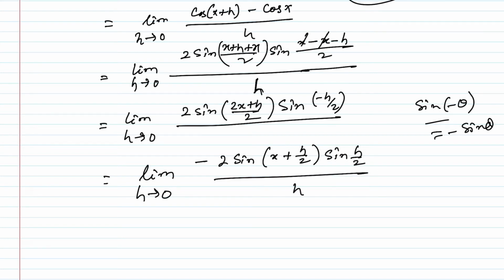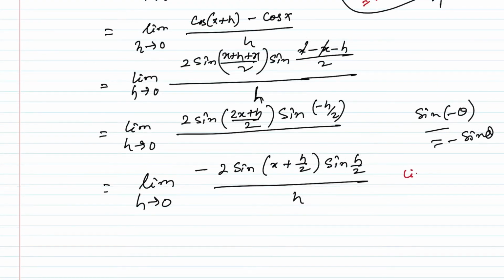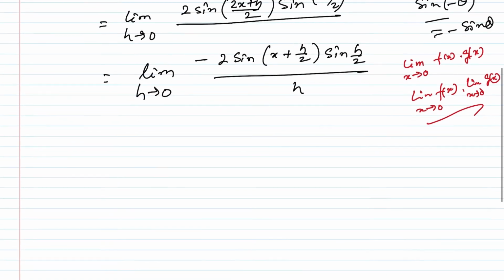Now you see, suppose limit x tends to 0 of f of x into g of x. In that case we can write limit of f of x times limit of g of x. We can write like this, isn't it? Similarly, same thing we are going to do here. Let me scroll up the page.